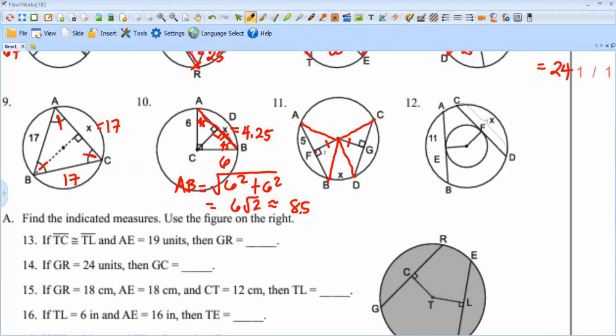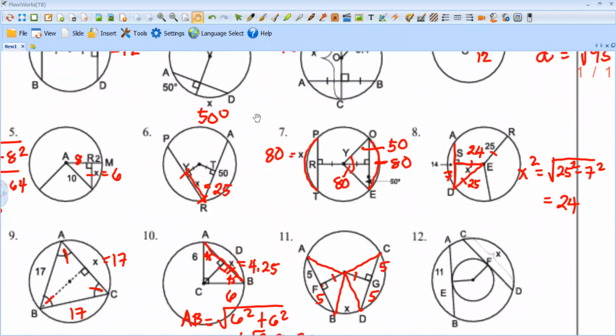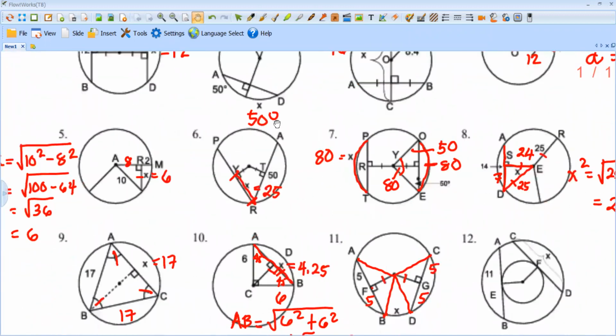So this is 5. This triangle is also 5. This is also 5. Then let us try to get the information.